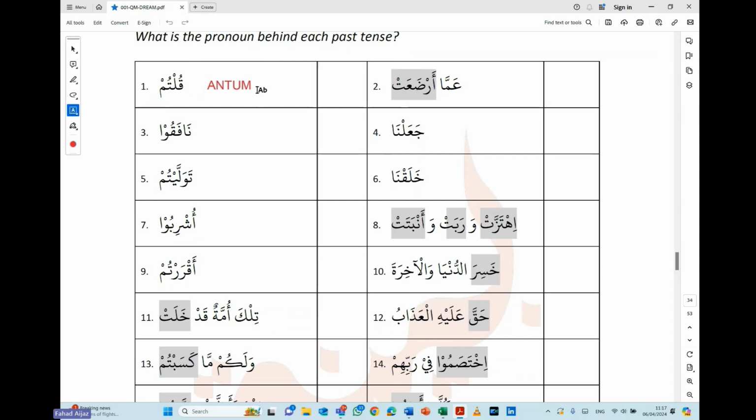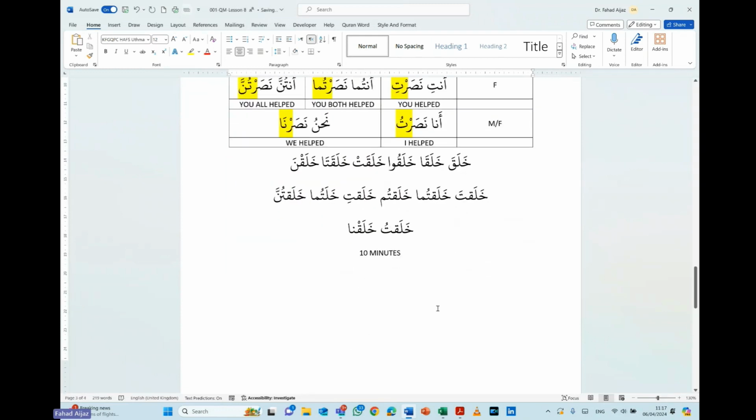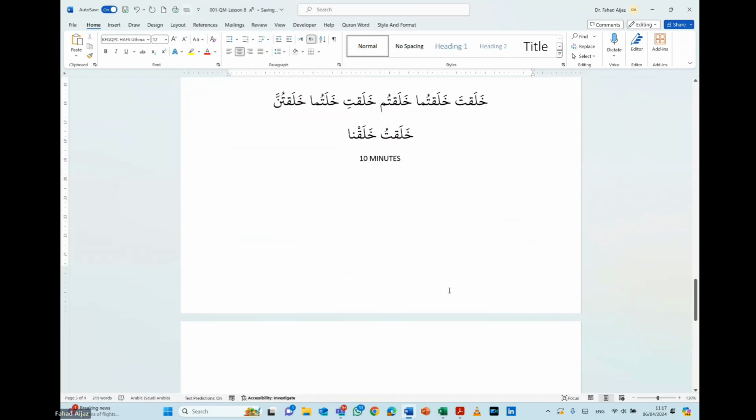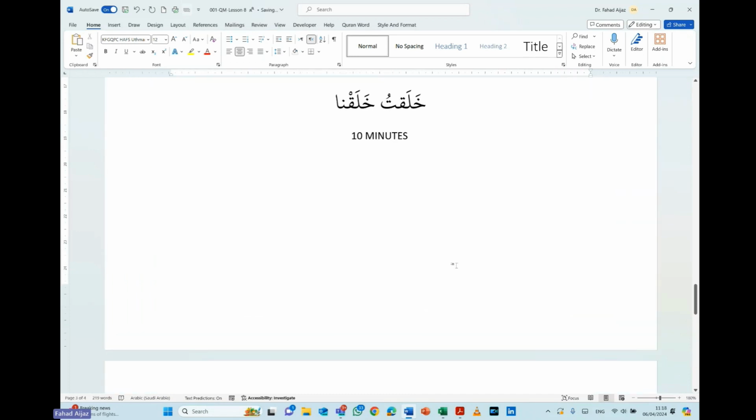I have a question. With qultum, I don't know what the root word is for that. Is that one of the ones that only has two letters, or does it have three letters? Good question. Just like any other language, there are normal words and a few irregular, abnormal words. Qultum comes from the word you probably know very well, qala, from the Quran.